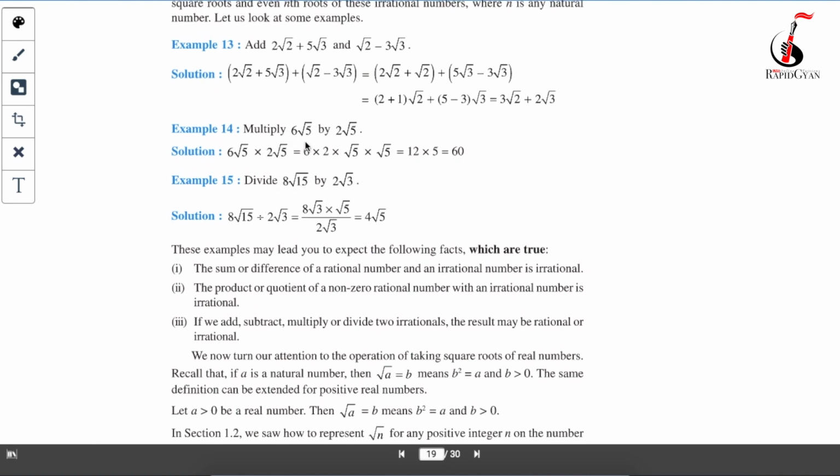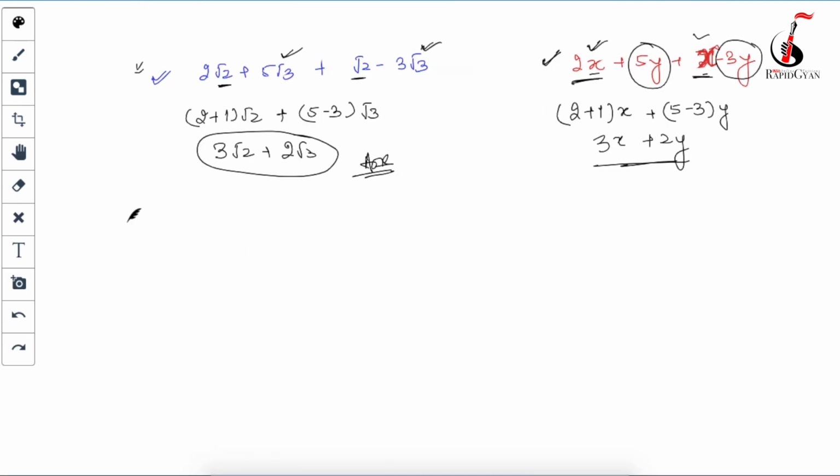Next question is saying multiply 6 root 5 by 2 root 5. Okay, we will solve this. We will have to multiply 6 root 5 with 2 root 5. So see, this 6 and 2, they are your rational numbers. So this will directly become beta 6 into 2, which is 12, multiplied by under root 5 into under root 5.